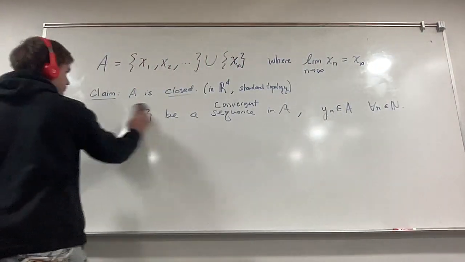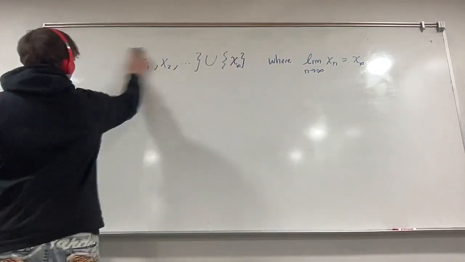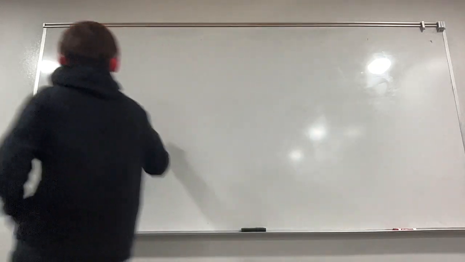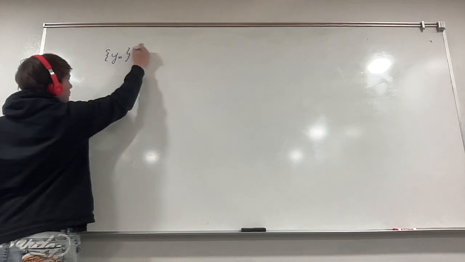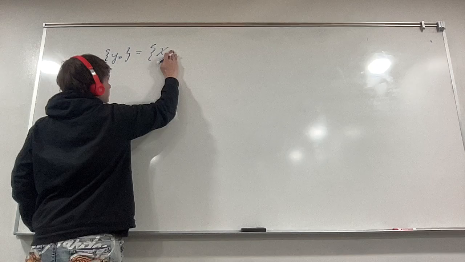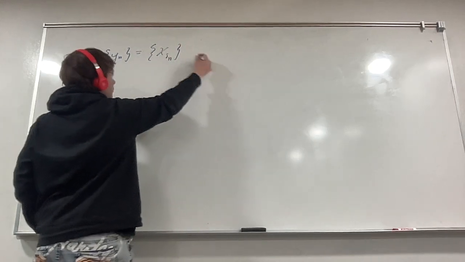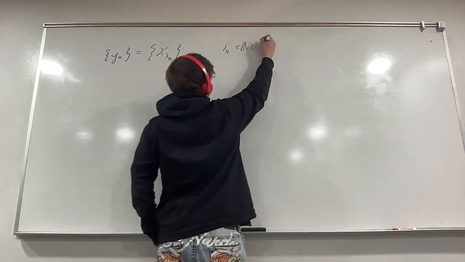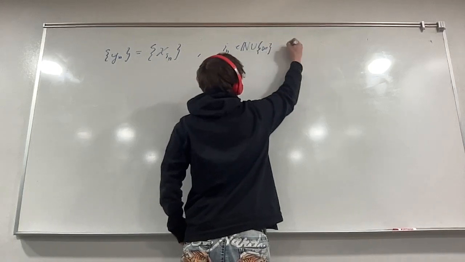Let's write that up. So y sub n is going to be x sub i sub n, where i sub n is within the natural numbers union infinity for all n.